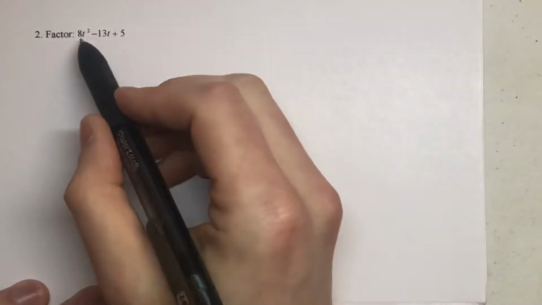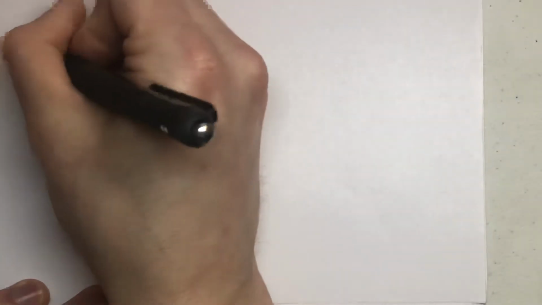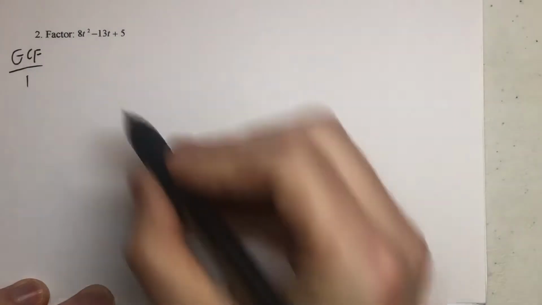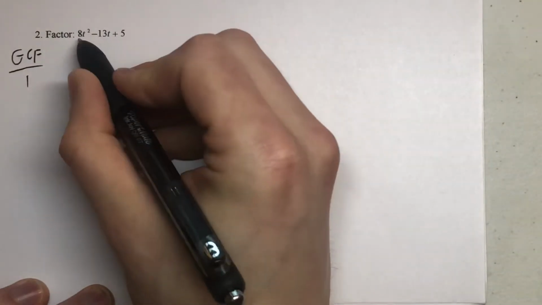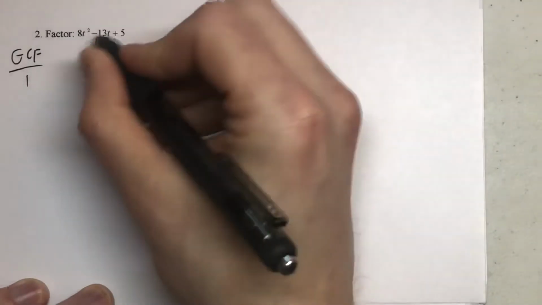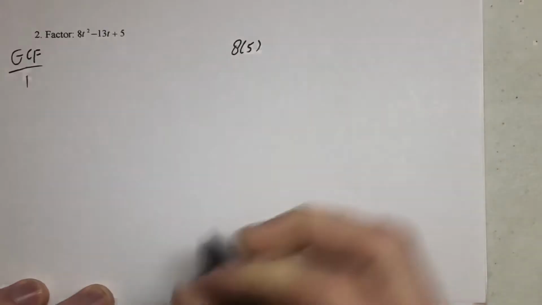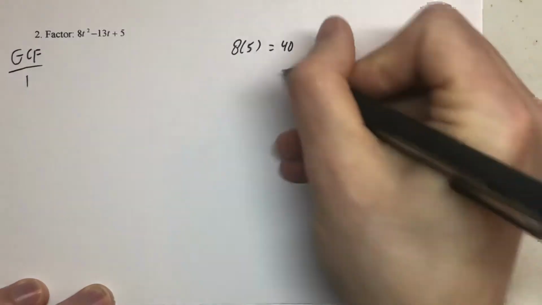Next one. We see a t squared, t, no t, so we see a trinomial. But first step, GCF of 1 doesn't help us. Since it's t squared, t, no t with something other than a 1 out front, we're going to have to use our bottoms up approach. So off to the side, we take a times c, a times 5, get our 40.